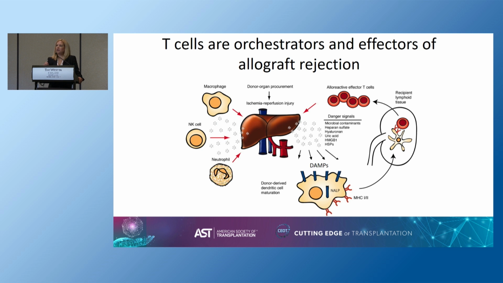During that critical event in the secondary lymphoid organs, alloreactive T cells are induced to proliferate and to differentiate into competent effectors that can then migrate back to the allograft where they mediate damage of the graft. And so it's really at that point, during that critical step of activation and differentiation, that we want to intervene and modulate T cell activation in order to better inhibit alloreactive T cell responses.